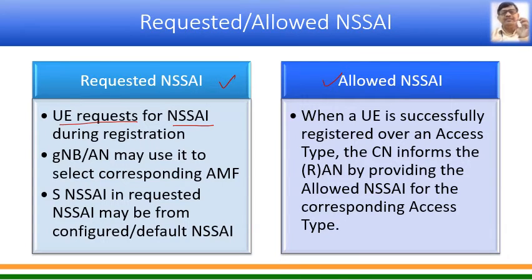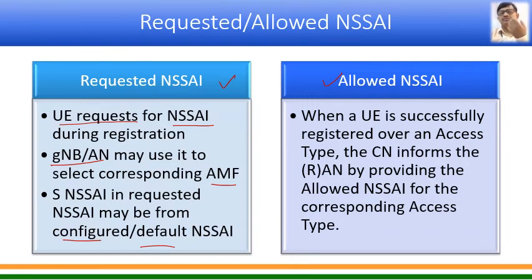This is used by the gNodeB or any other access network to select a particular access and mobility function on the control plane side, because a particular slice may be supported by a particular AMF. So the UE has to connect to that AMF. And whatever request the UE makes for a network slice or list of network slices, that can either be from the configured or from the default list of slices.